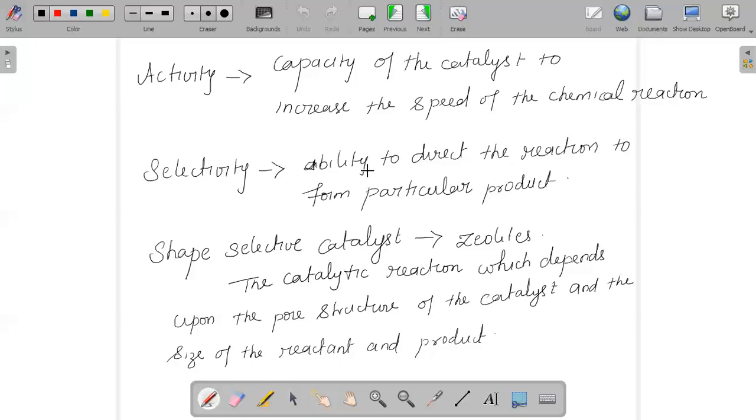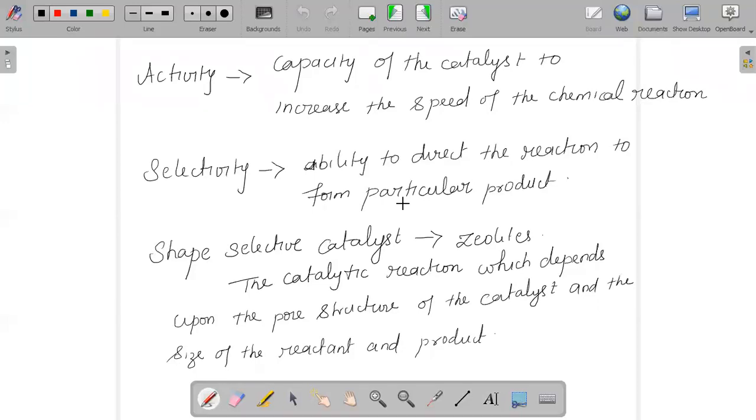That means it should have the ability to direct the reaction to form a particular product. Hence, the selectivity of a catalyst for a particular reaction plays a very major role.